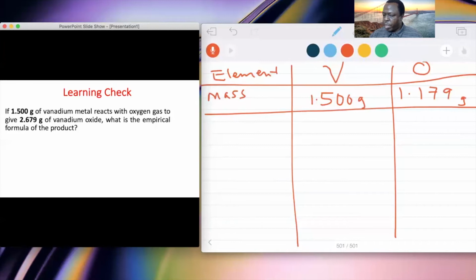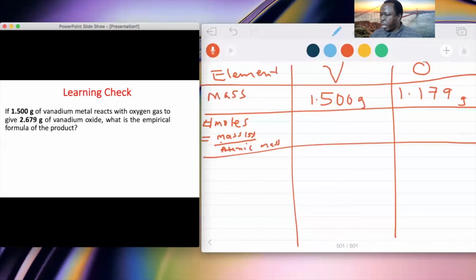Next is to find the number of moles of each element. This is obtained by taking the mass in grams over the atomic mass. You get this value from the periodic table.